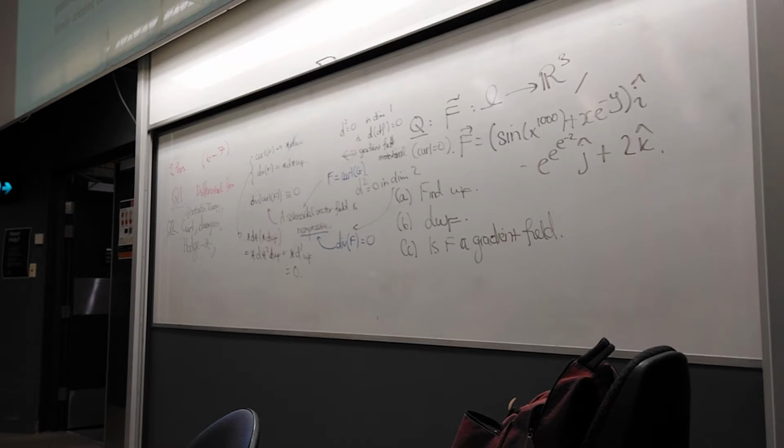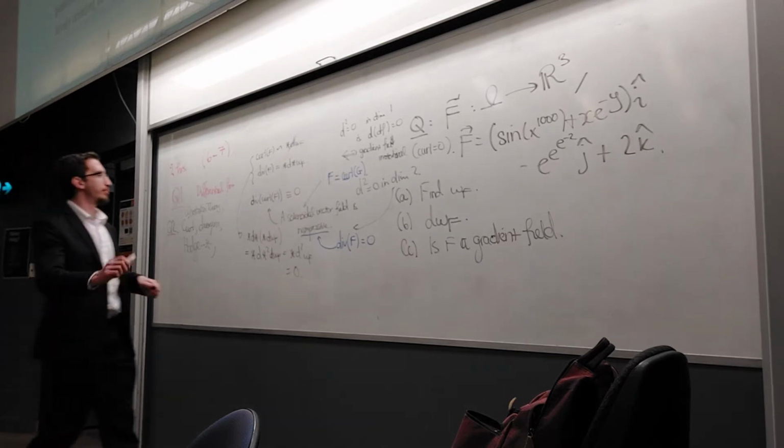What's a different way of testing it that we saw? If your domain is simply connected, you can see whether it's irrotational. That's exactly right. What's a non-differentiation approach? Take an integral over a closed curve.